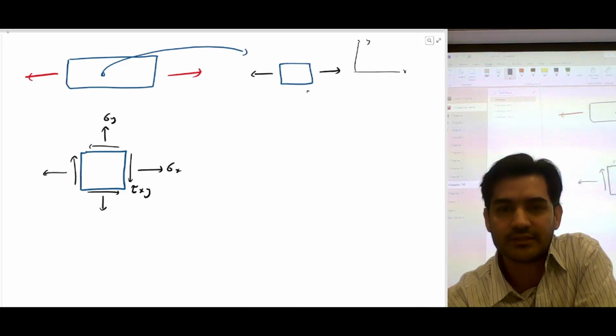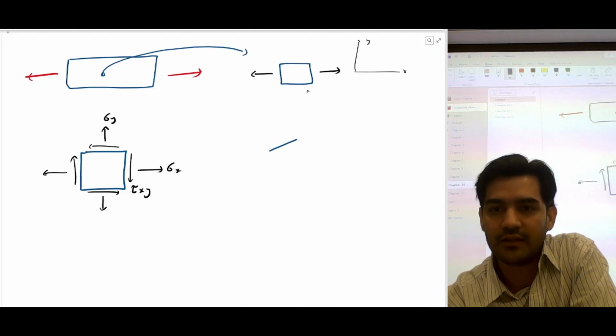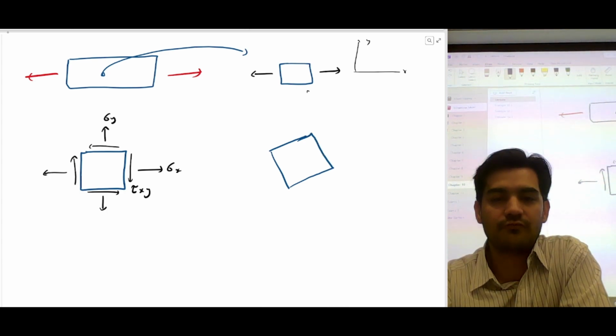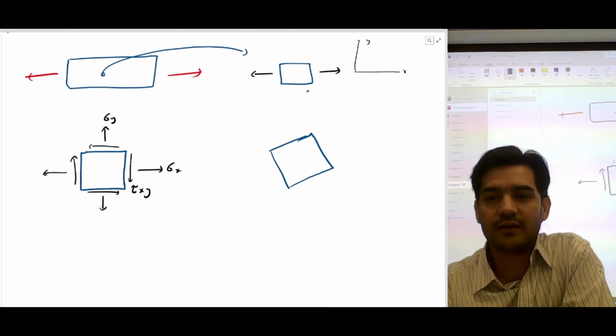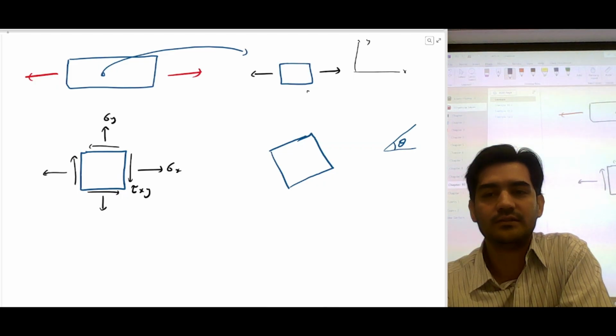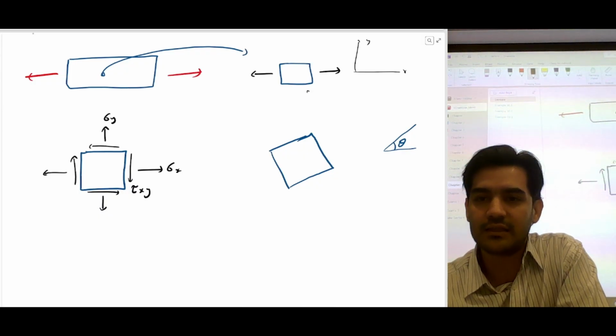What we are interested in now is, let's say we have rotated this stress element at an angle theta. If you rotate the stress element at an angle theta, you're going to change your normal and shear stresses.